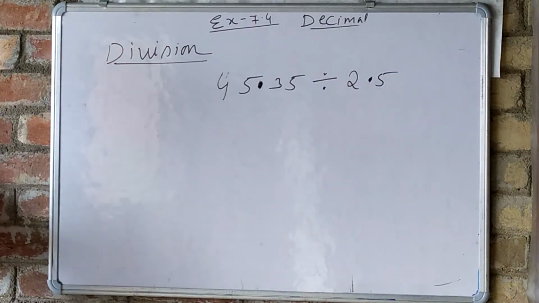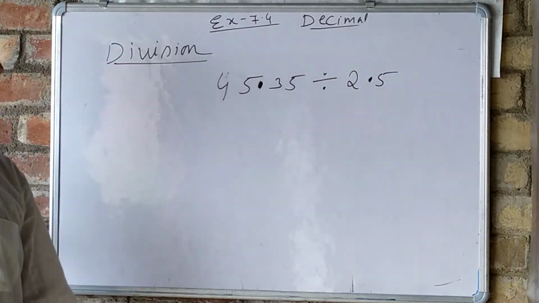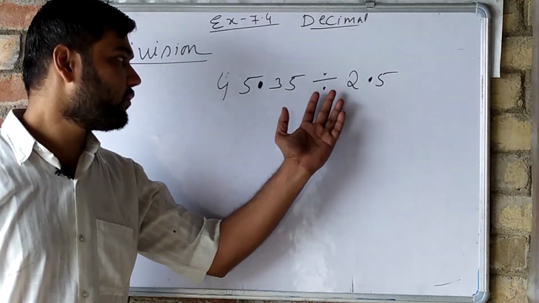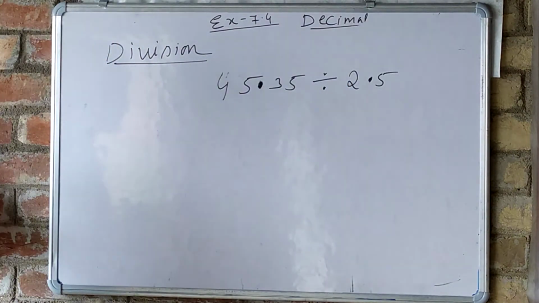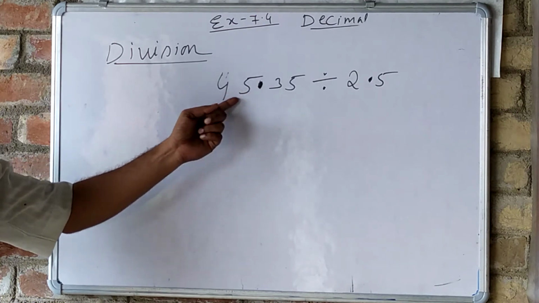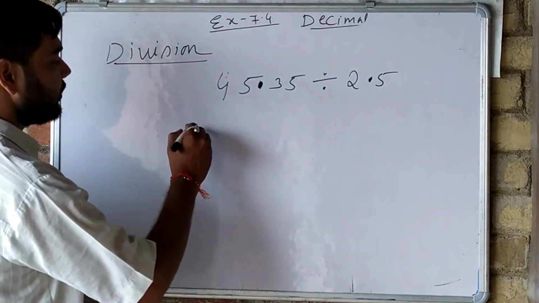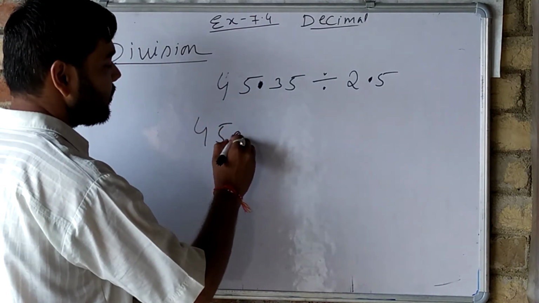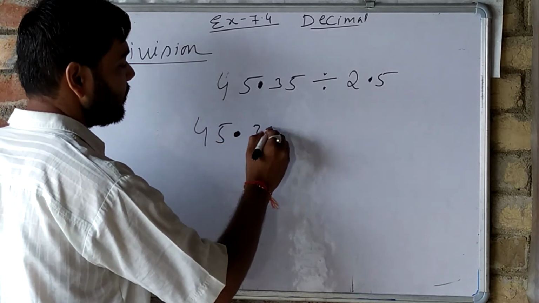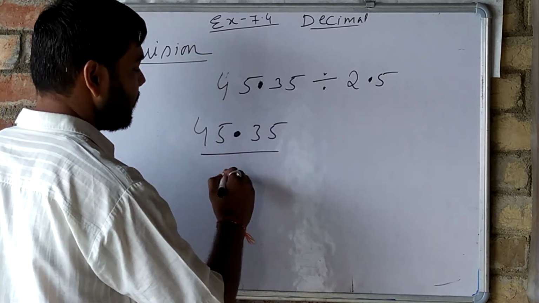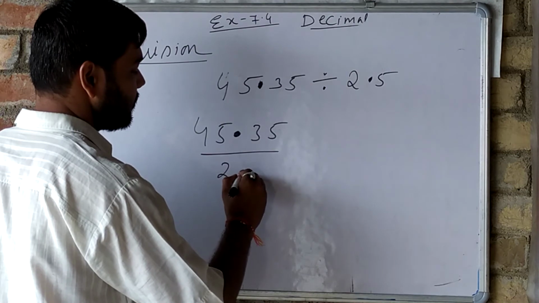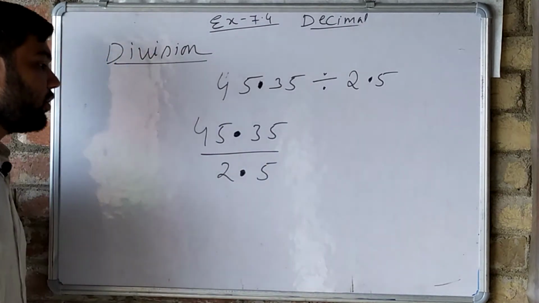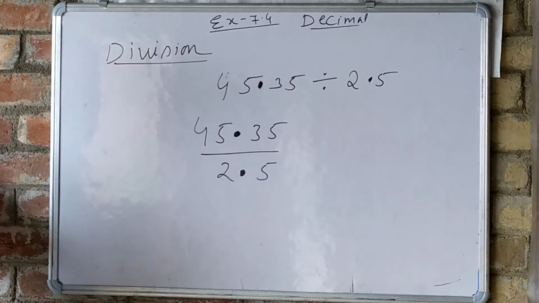We have to write this value as the numerator, so write it down: 45.35, to be divided by 2.5. Now here we are seeing a slightly different case than what I told you before this example.